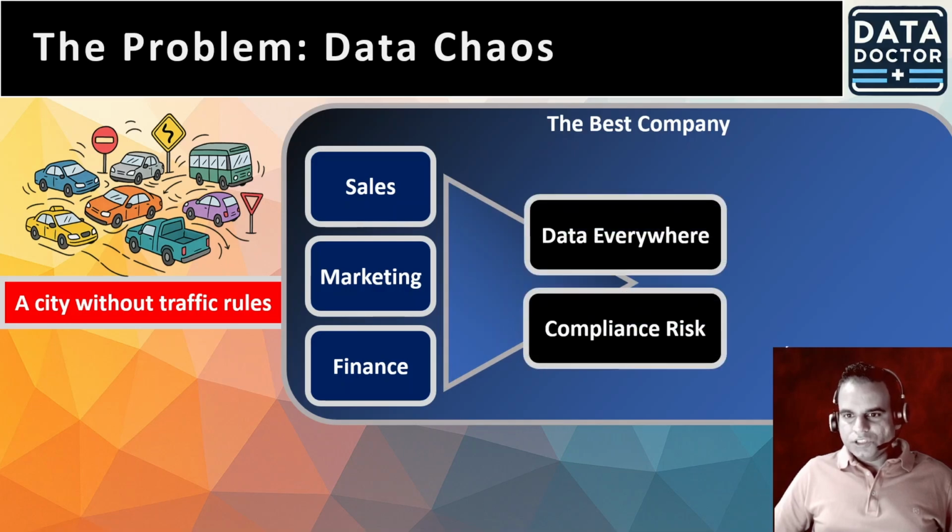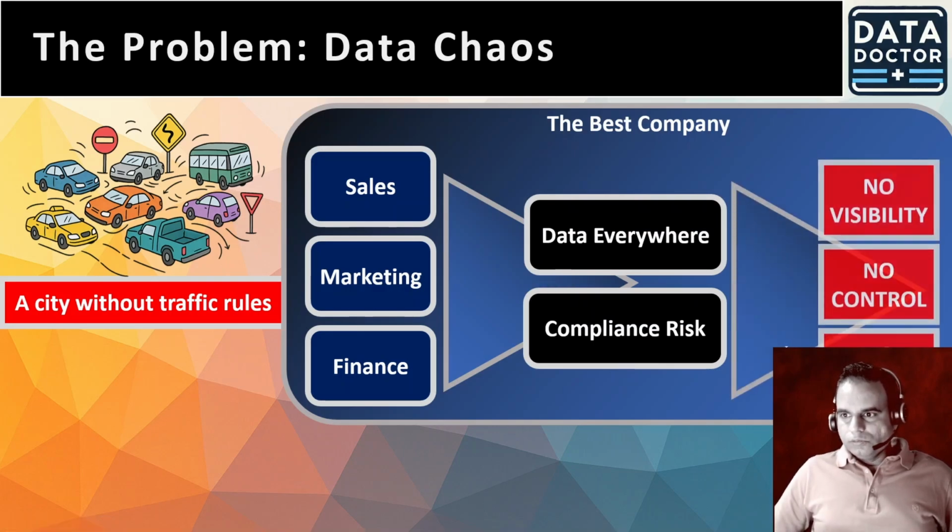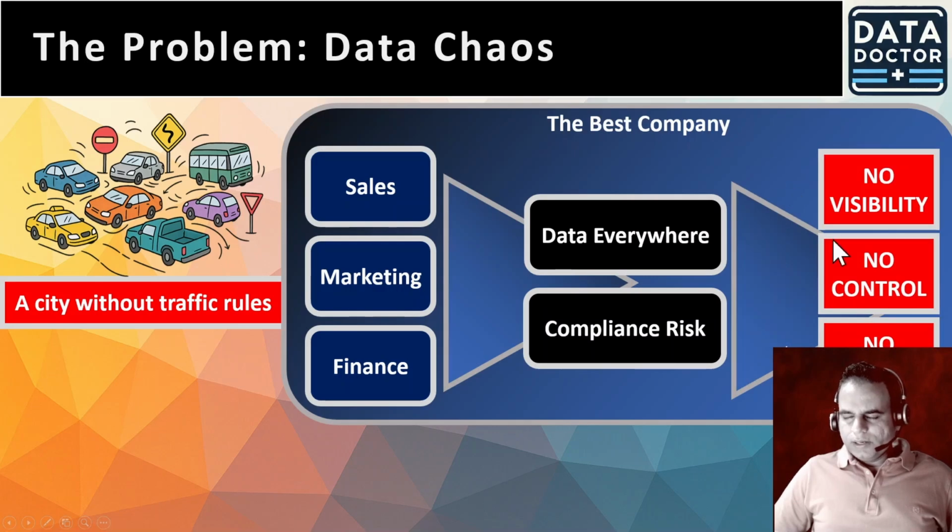It leads to such a situation where we have data which is found everywhere, and this gives rise to compliance risk. And this certainly leads to a situation where we do not have a clear visibility of the data. We do not have any control over the data. It can be everywhere, and no one trusts the data, because we do not have any single source of truth in this case.